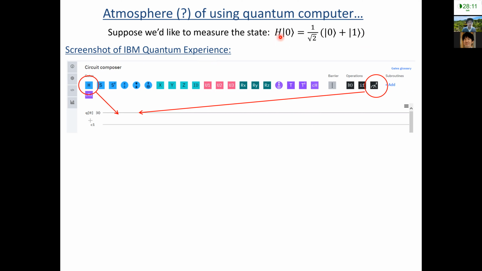Suppose we'd like to measure the following state. Here H is called the Hadamard gate. On this website, we can make a quantum circuit by drag and drop. And this is a gate for measurement.